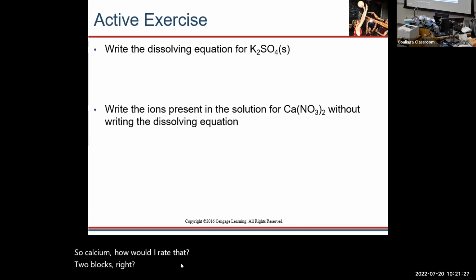And then nitrate, but there's two of them. Technically there's 2, right? So that would be all we get. Without dissolving, you just write what it is, right? What's there. Okay?